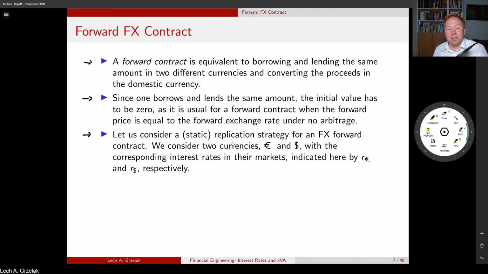So we start with a static replication strategy for this FX forward contract, where we consider two currencies, euro and of course dollar, with the corresponding interest rates in the market. So we have an interest rate in euro and an interest rate in dollar, and those interest rates will be R euro and R dollar respectively.